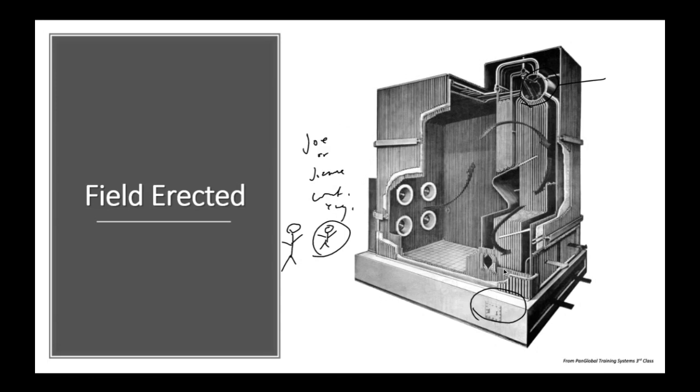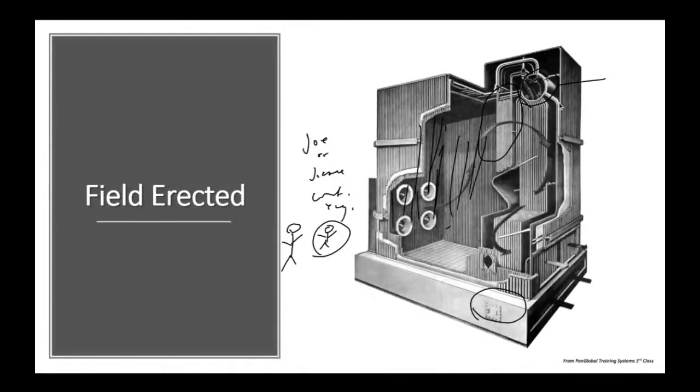It's going to be built in the factory. And then here's the superheater, and the superheater will be built in the factory. And then you'll have panels. So you got a water wall here. And that water wall will be built in the factory. Same with the sidewalls.